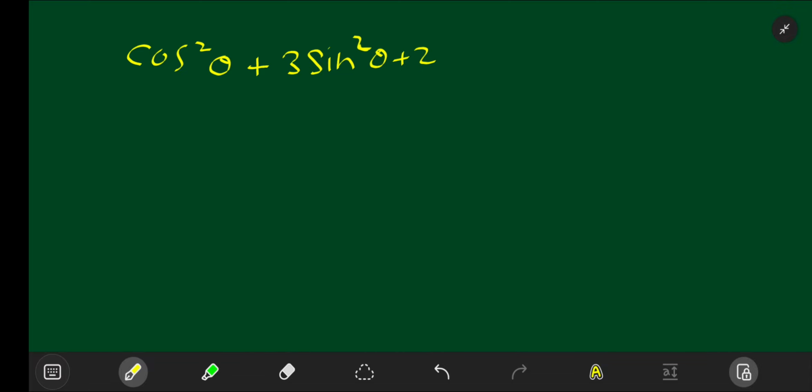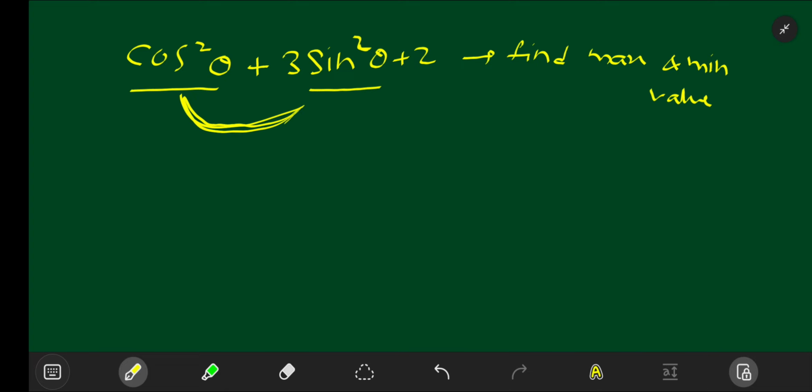Find the maximum and minimum value of this expression. First of all, you have to convert either cos square theta or sin square theta so that both are in the same trigonometric function, either cos or sin.